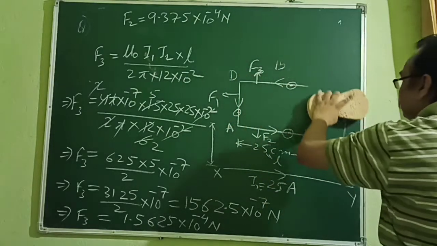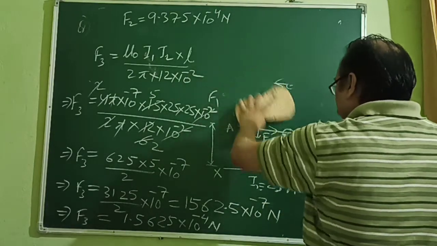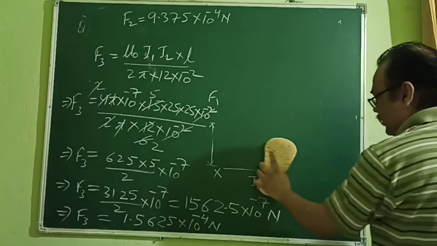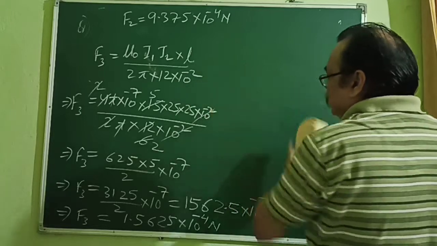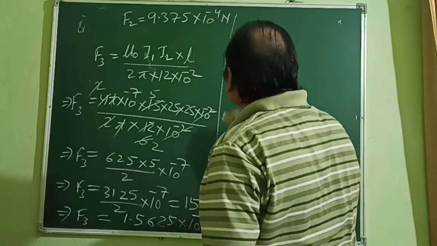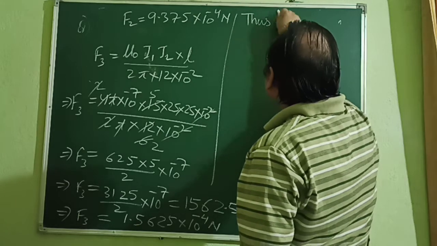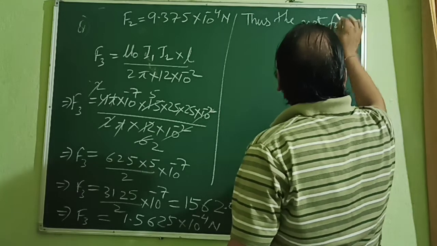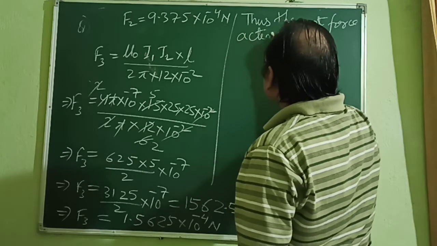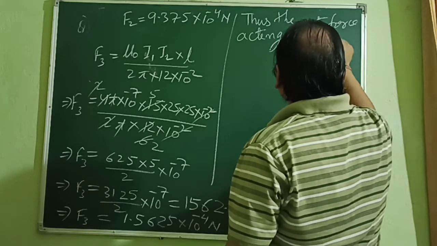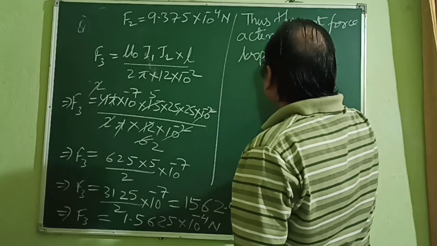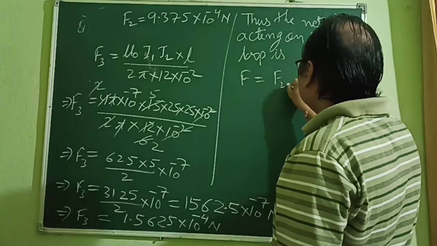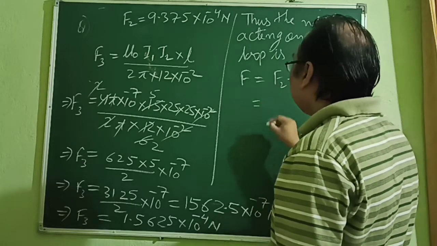I'm going to rub this diagram because it is not needed anymore. Okay. So now I can find out the net force. Thus, the net force acting on the loop is F equals F2 minus F3, and F2 is how much?